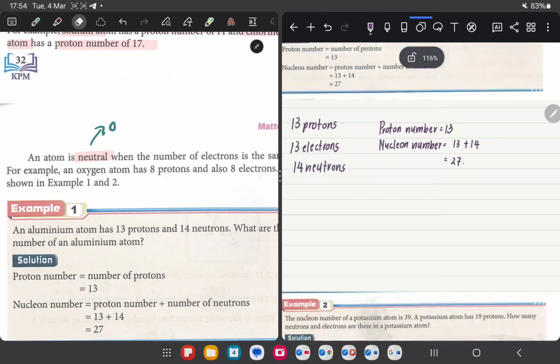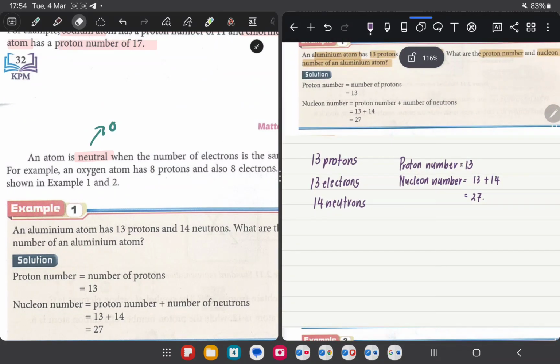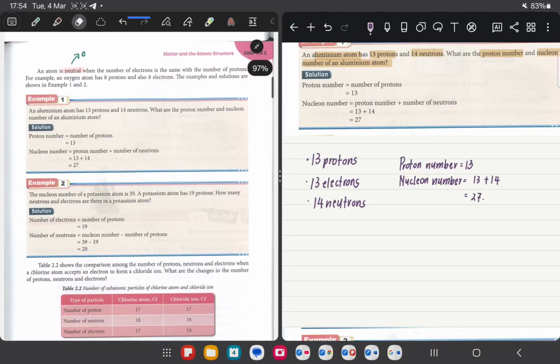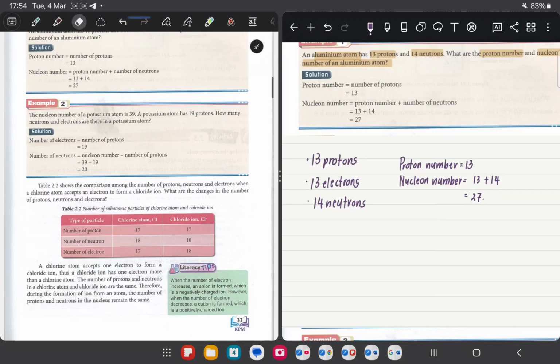This is my nucleon number for the aluminium atom. You see how I determine? Always get the number of protons, electrons and neutrons first, then you proceed. This is a very simple question which won't take so long to understand. It's just a very easy concept.